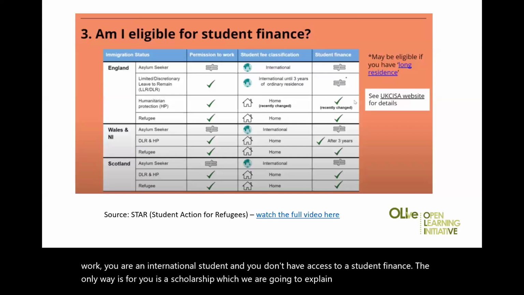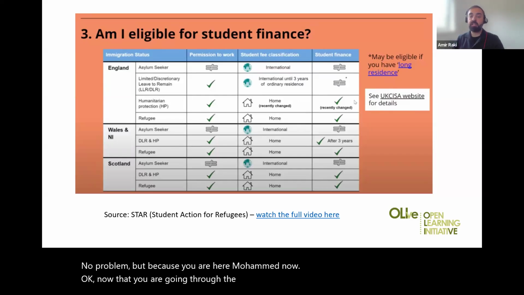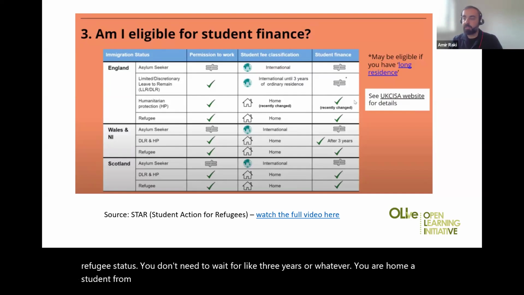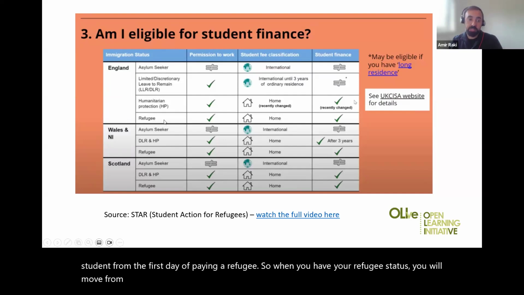But because you are going through the asylum process, when you have your refugee status, you don't need to wait for 3 years or whatever. You are a home student from the first day of being a refugee. So when you have your refugee status, you will move from asylum seeker to a refugee, which means you will be a home student with access to student finance.